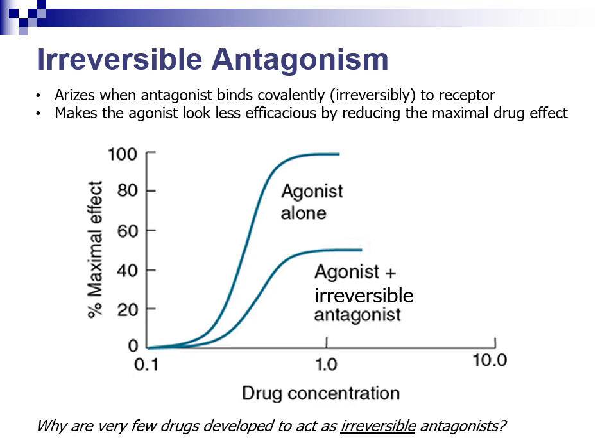Hope that makes sense. Now, I asked the question, why are very few drugs developed that act irreversibly? I hope you could think about this and see that irreversibly means the antagonist action continues even after the antagonist drug has been cleared from the body.